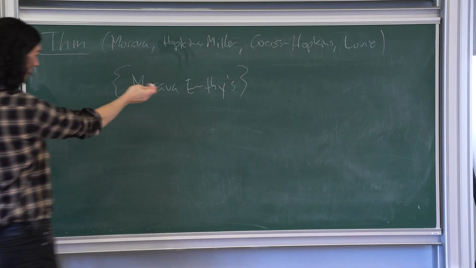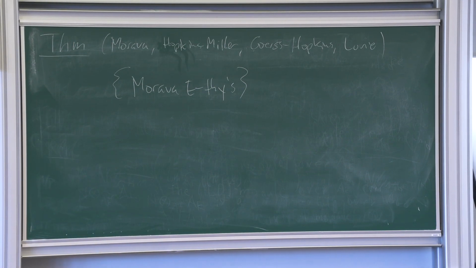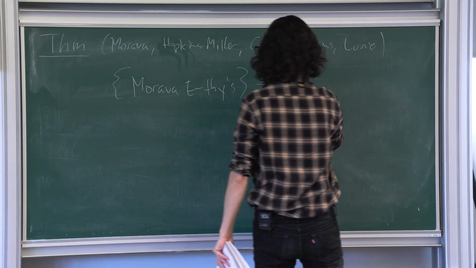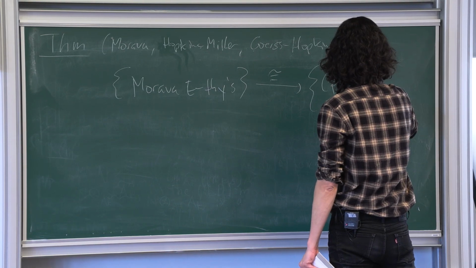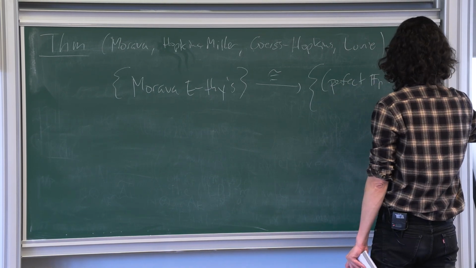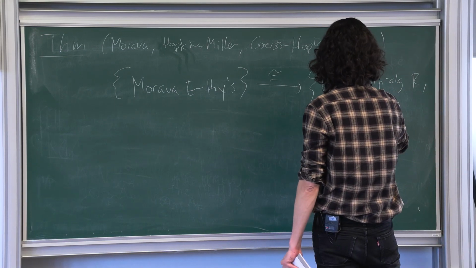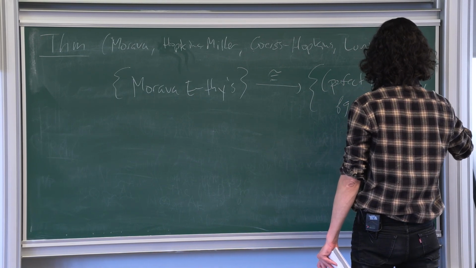There's an infinity category of Morava E-theories, a full subcategory of commutative ring spectra. It's equivalent to an ordinary category, namely the category of pairs consisting of a perfect F_p-algebra R and a formal group of height n over R.